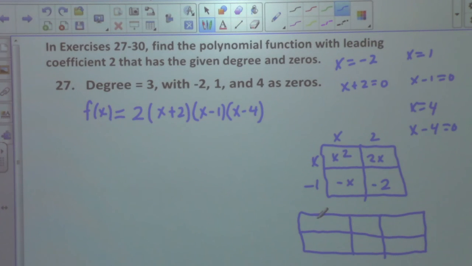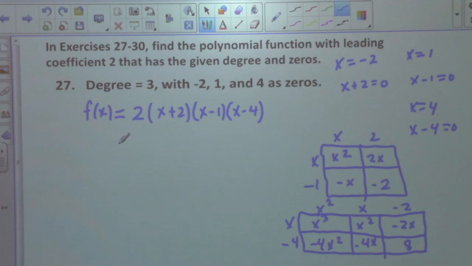For this, we get x squared, and 2x minus x, that's going to be x, and then we have minus 2, and we're going to multiply this by x minus 4. So here we get x cubed, x times x, x squared, x times negative 2, negative 2x, negative 4 times x squared is negative 4x squared, negative 4 times x is negative 4x, and negative 4 times negative 2 is 8.